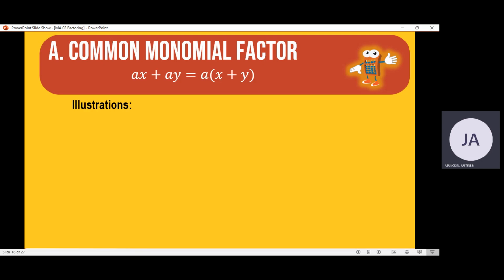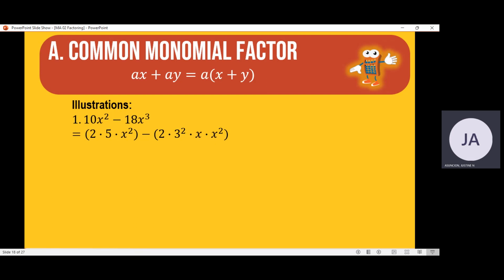For instance, we have here 10x squared minus 18x cubed. The coefficients 10 and 18, we need to express using the prime factorization. So we have 10 as 2 times 5 and then 18 as 2 times 3 times 3, or 2 times 3 squared.